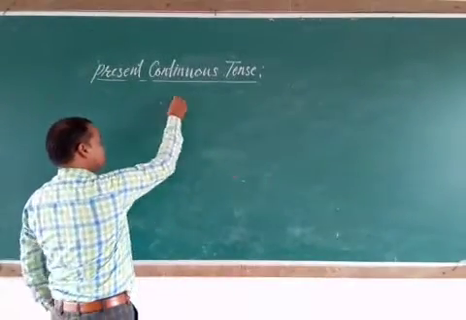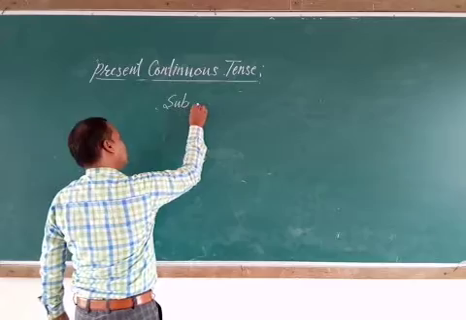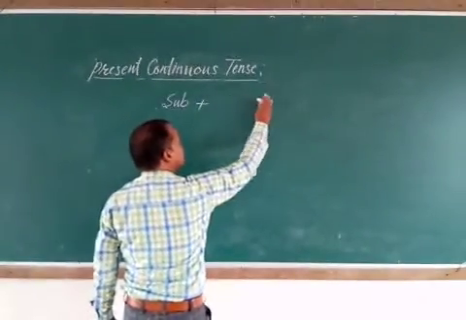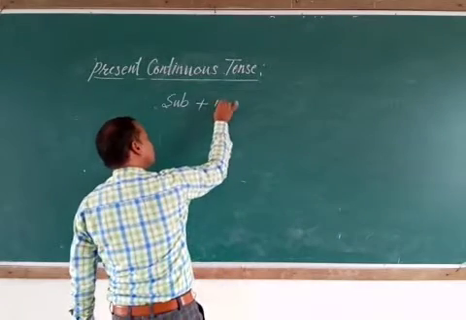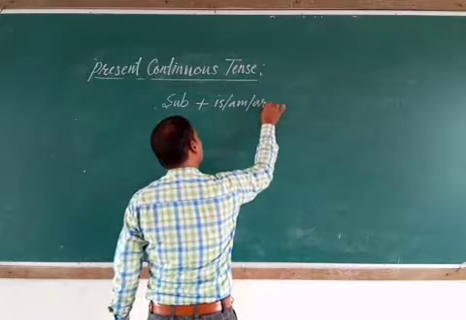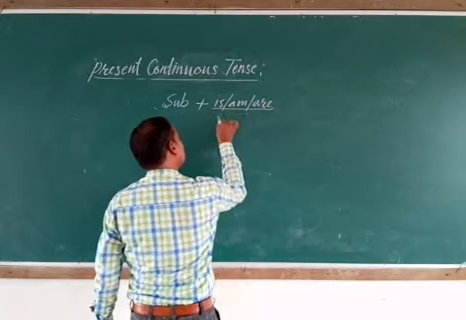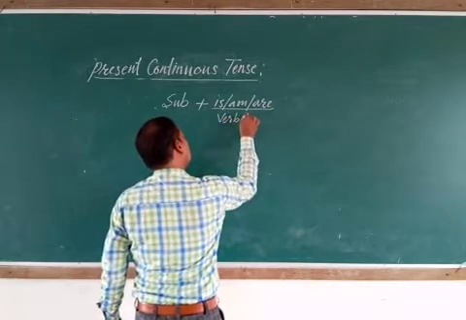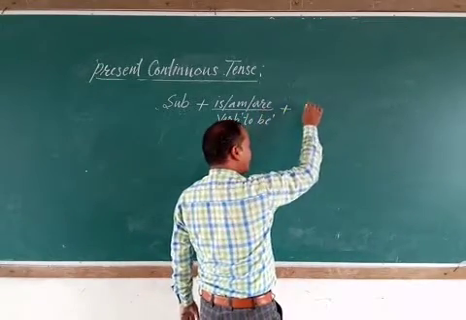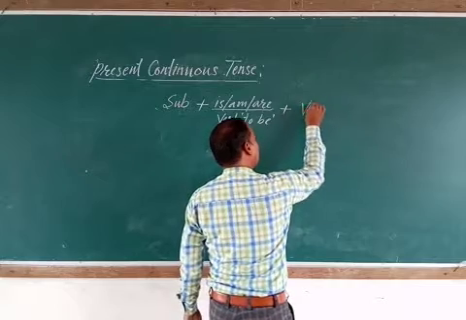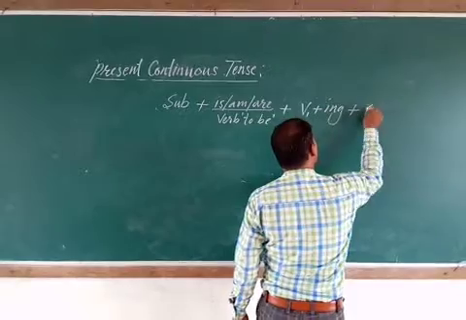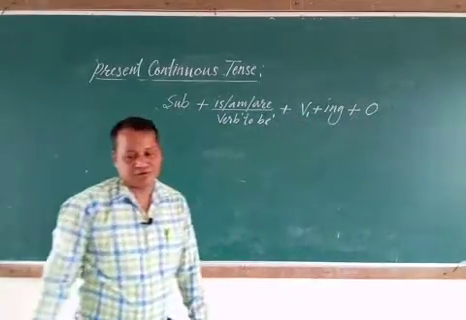So the structure is subject plus verb to be, that is is, am, are, and they are also called verb to be, plus the ing form, verb first form plus ing, plus other words or object.